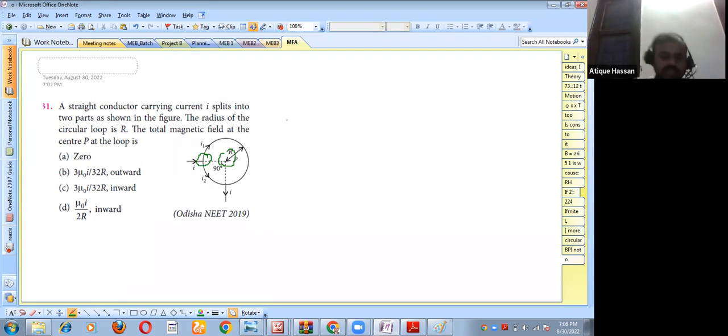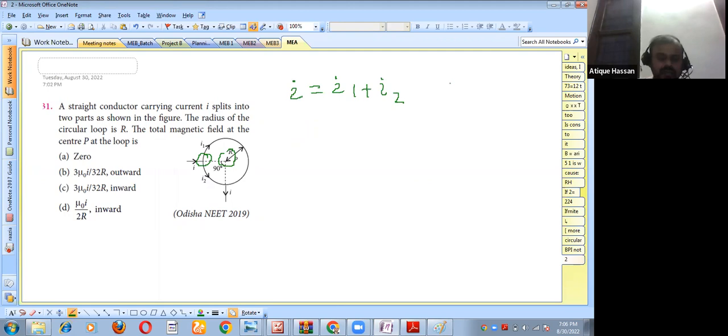So we have to find the relation between I1, I2 and I. Then our task will be easy. Now, what happens? From the diagram, we can say that I is equal to I1 plus I2, right? This we can say.